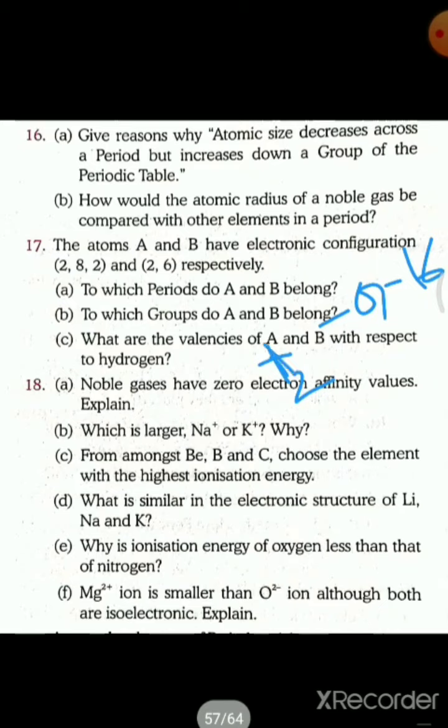Then what are the valencies of A and B with respect to hydrogen? With respect to hydrogen, the valency of A is 2 and the valency of B is also 2.